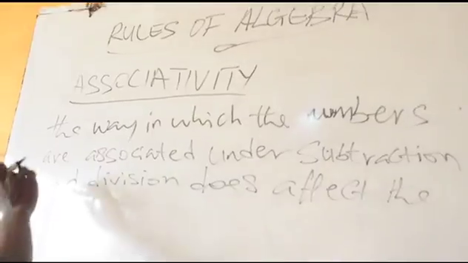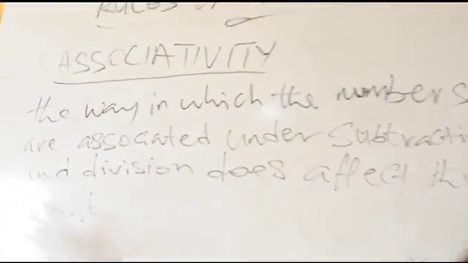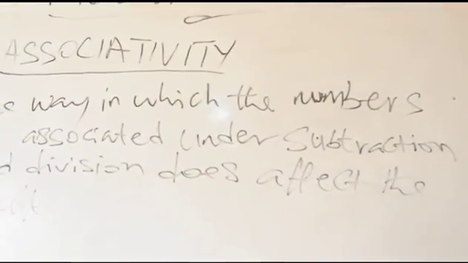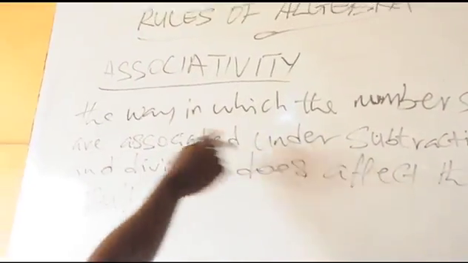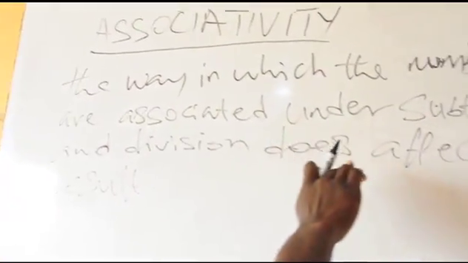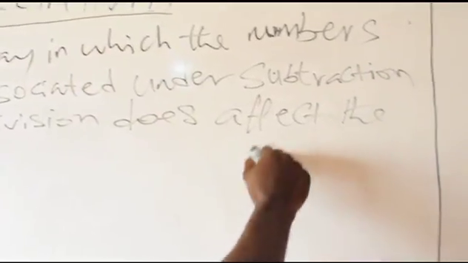We are still under associativity. So here, we want to see whether the way in which numbers are subtracted or divided can affect the result. If you look at it, you see the way in which the numbers are associated under subtraction and division does affect the result.